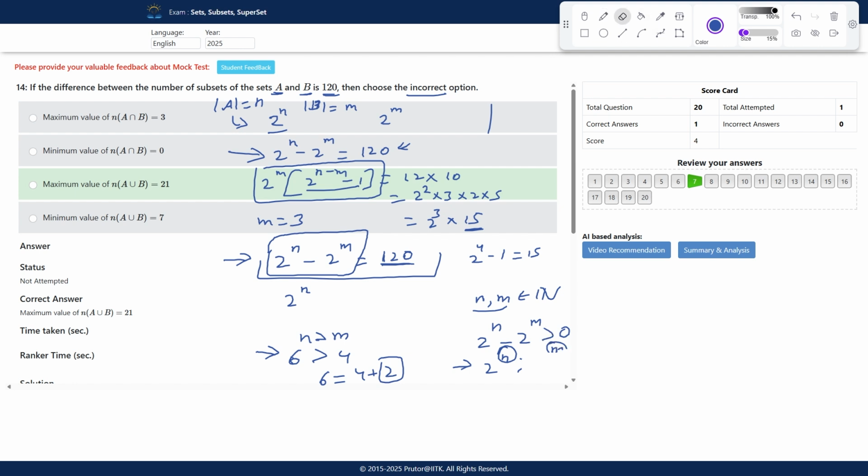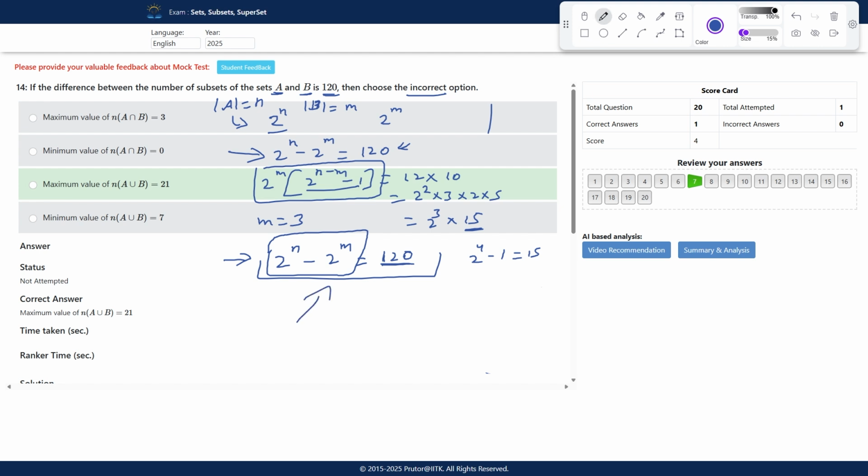Most of you are not getting what I am talking about. Let me clear this board. Now, is this step clear or not? First of all, is this step clear? 2 raised to the power n is strictly greater than 2 raised to the power m.